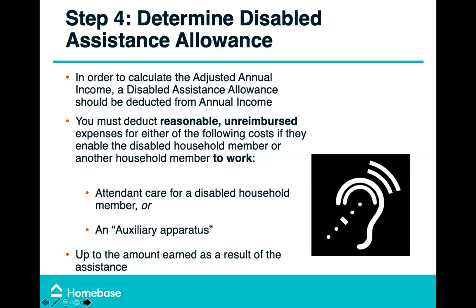And you can only deduct up to the amount earned as a result of the assistance. So again, you can only deduct up to the amount that the person who has a disability, or the household member, earns working as a result of the assistance.